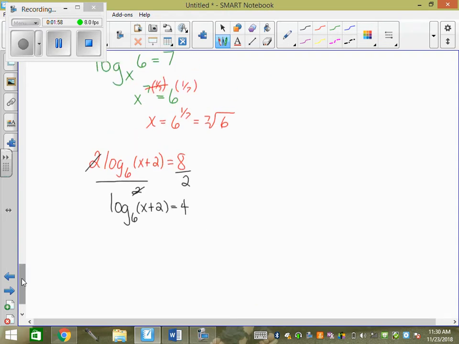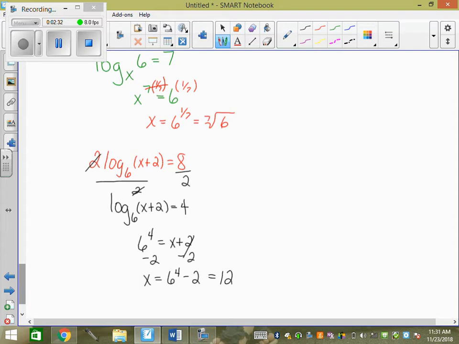So then we have it in that form, and then we can convert to exponential. So we can go 6 to the 4 equals x plus 2. Then we subtract 2 from both sides, and we get 6 to the 4 minus 2, which is a number, 1294.